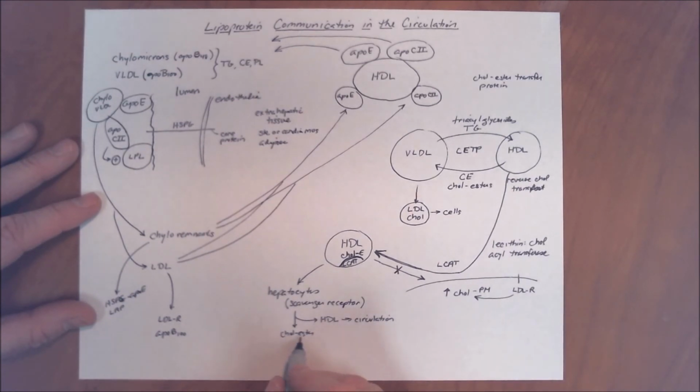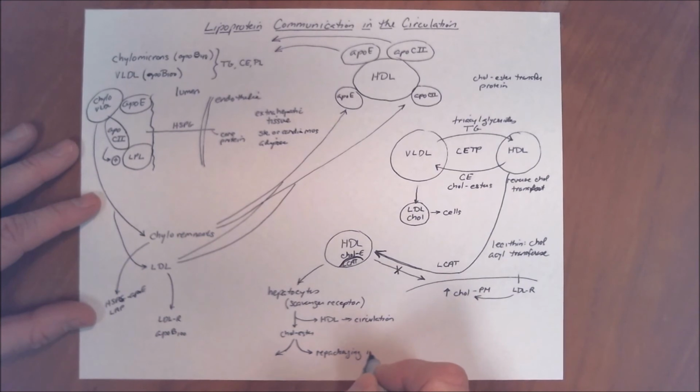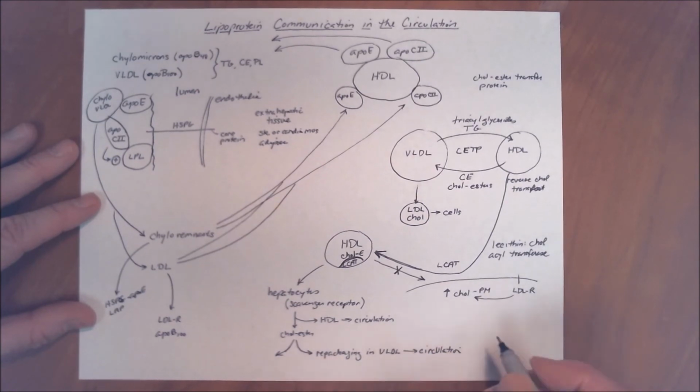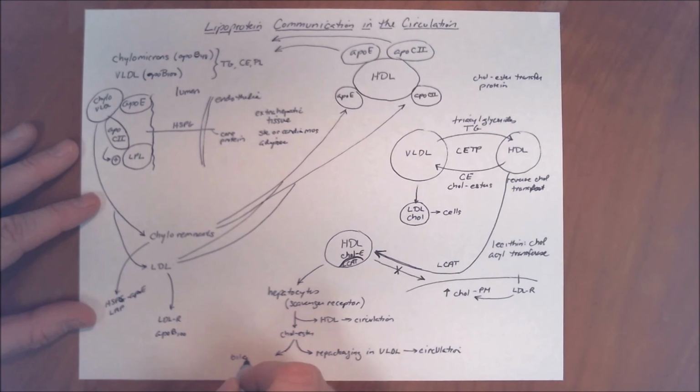The cholesterol esters that are removed from the HDL and the hepatocytes now, of course, have two fates, one of which is for repackaging in VLDL, which is then placed back into the circulation, or for disposal as bile salt synthesis.